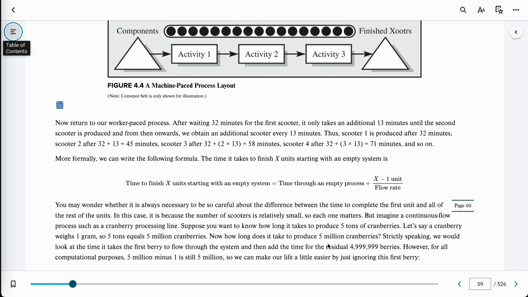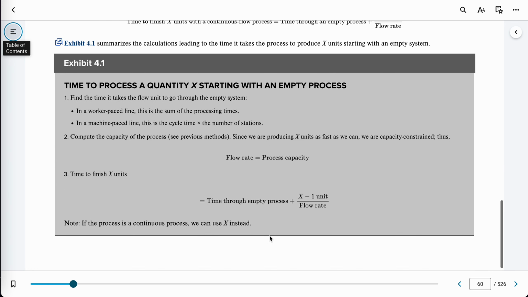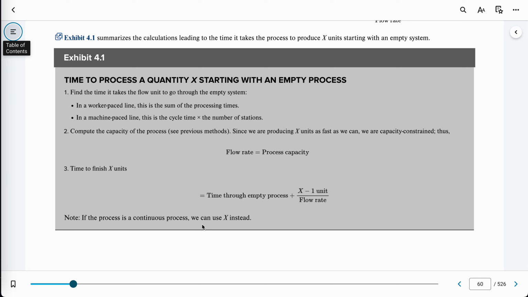So it comes down to the volume that flows through a particular process. If the volume is small enough, then it's important to look at the first unit's time, otherwise it doesn't matter, right? So that's something to keep in mind. The first unit is always unique. That's the idea here. Okay.